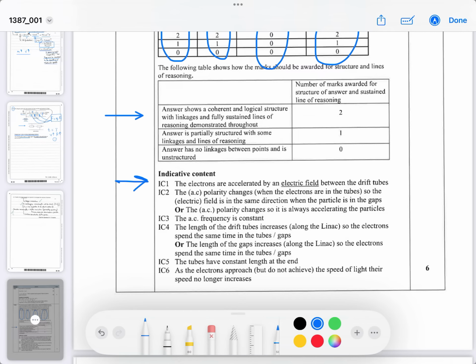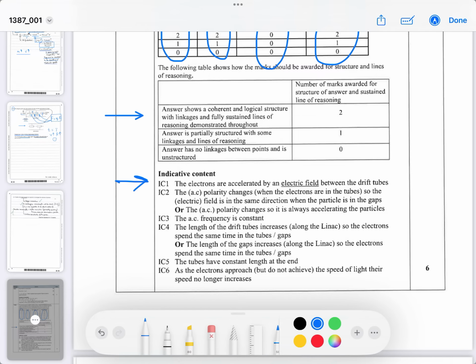The AC polarity changes, so the electric field is always in the same direction when the particle is in the gaps, so we don't care that when it's in the tubes it doesn't have an effect.